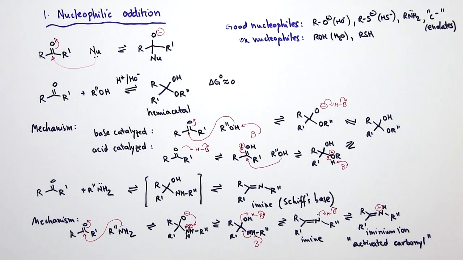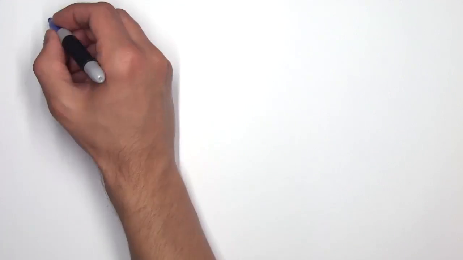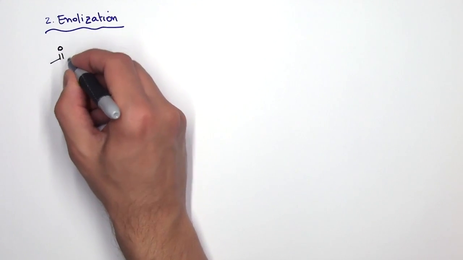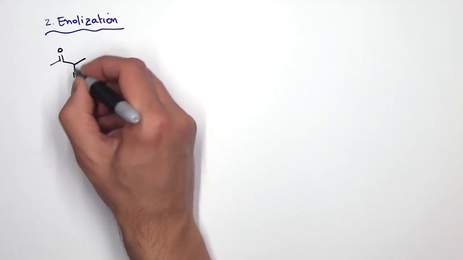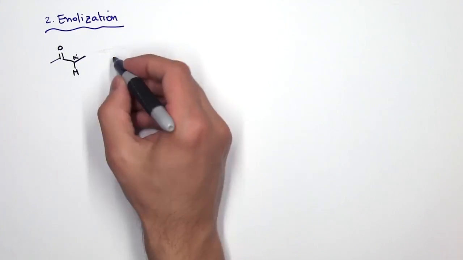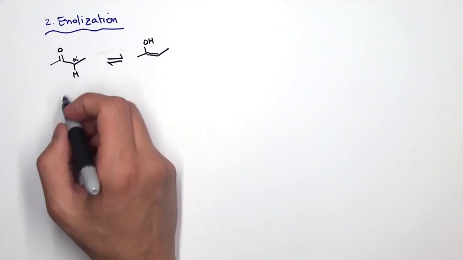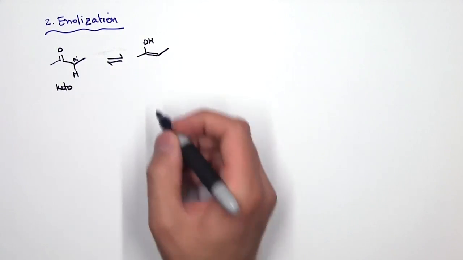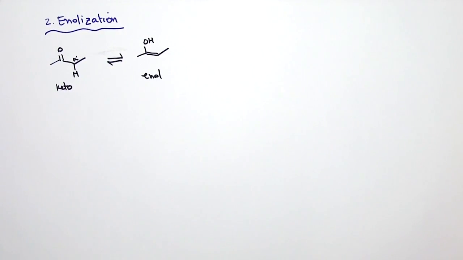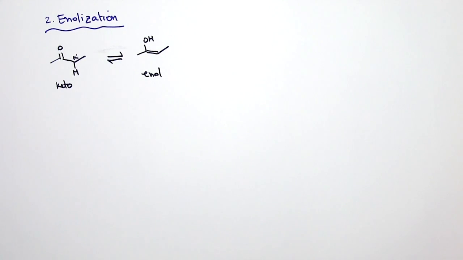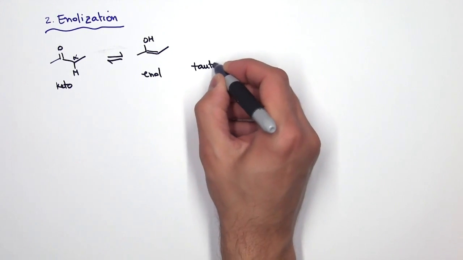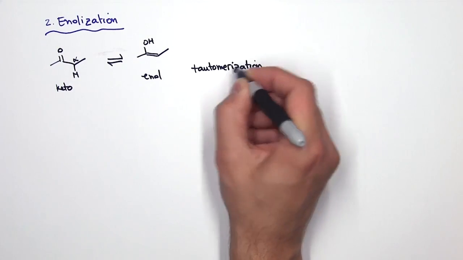The second reaction we're going to be talking about is enolization. Here, a carbonyl that contains an alpha hydrogen can rearrange to form an enol. We're going to call this the keto form and this the enol form. An equilibrium between a keto and an enol form is called tautomerization.